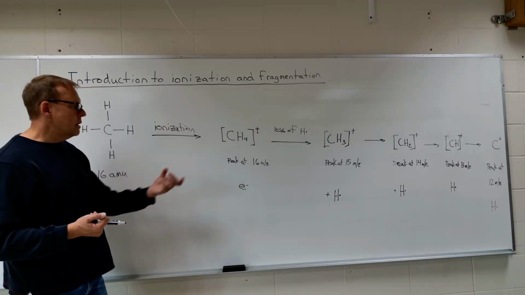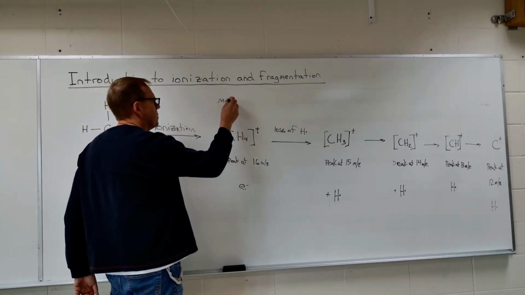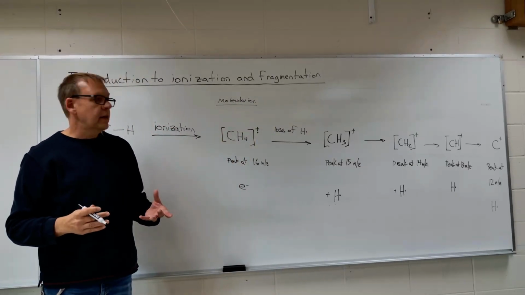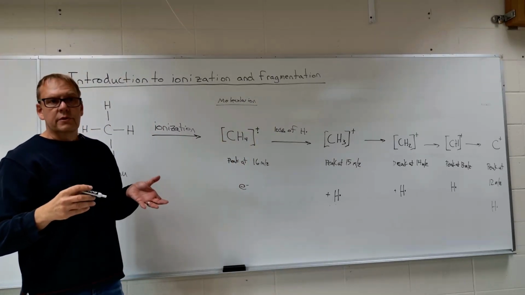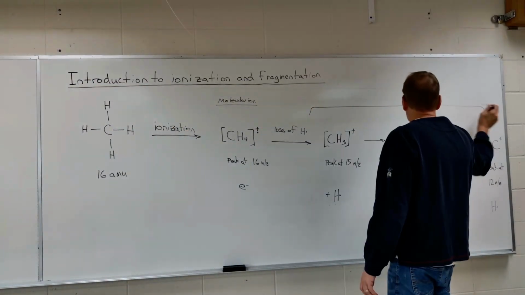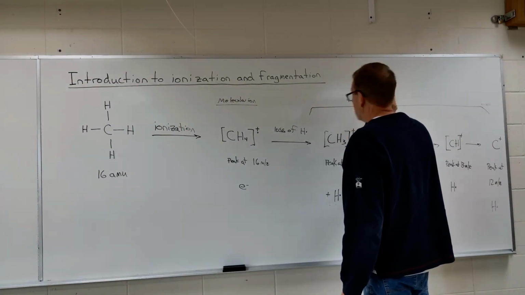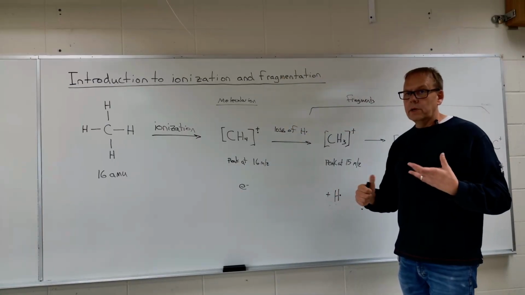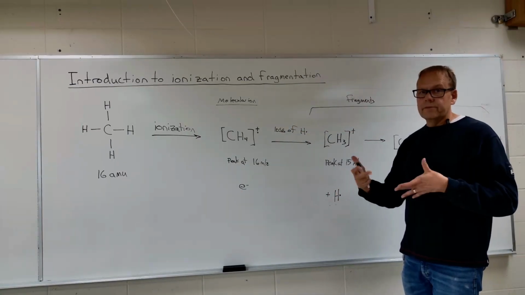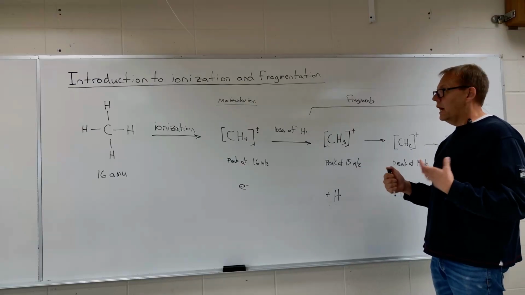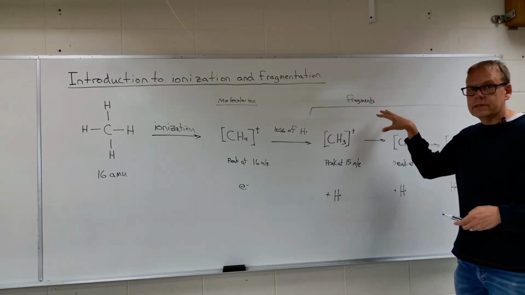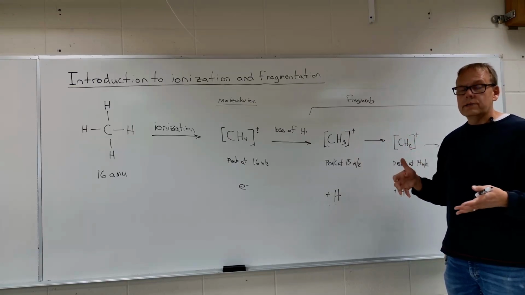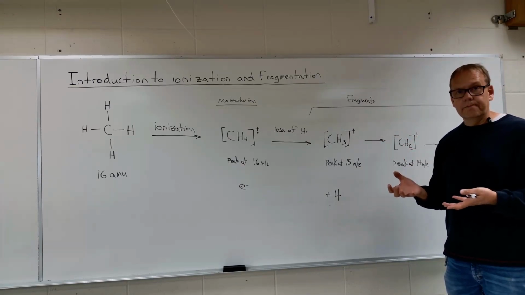There's a molecular ion piece that forms, which is the molecule itself just missing an electron, and then there's usually a whole series of fragments, which are cations, but they're smaller than the original molecule because something has broken off and floated away. And by looking at both the molecular ion and the fragments, it's possible to get a lot of good information about a molecule, about how big it is and what kinds of substructures it might contain.